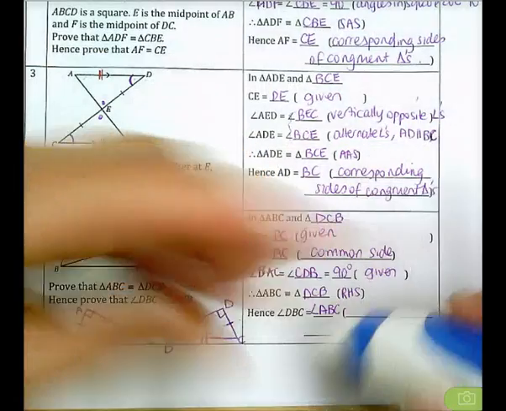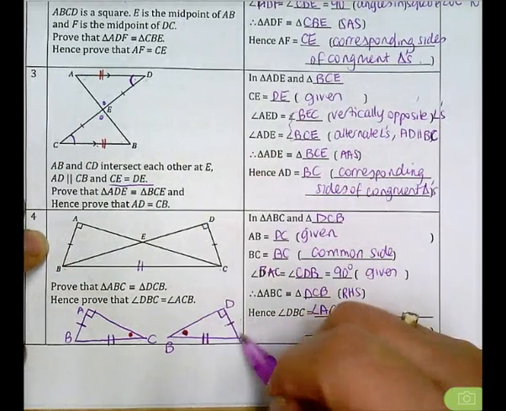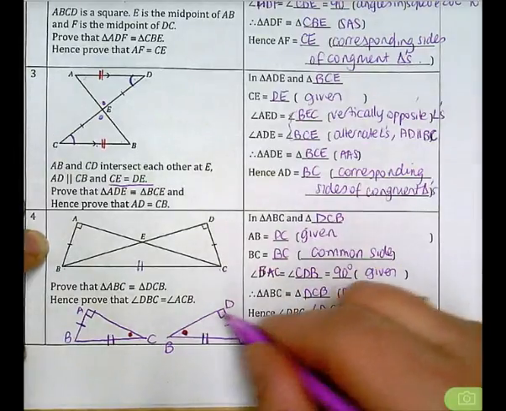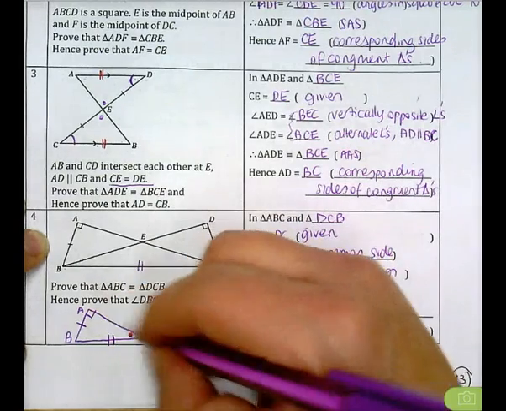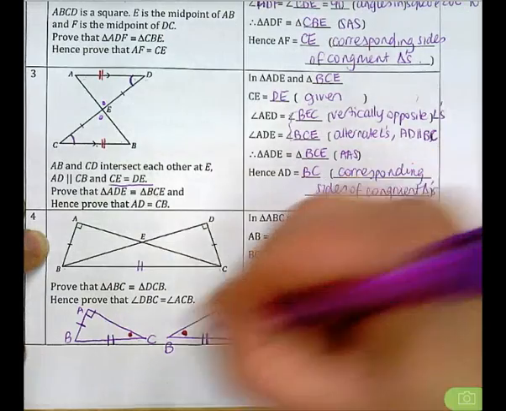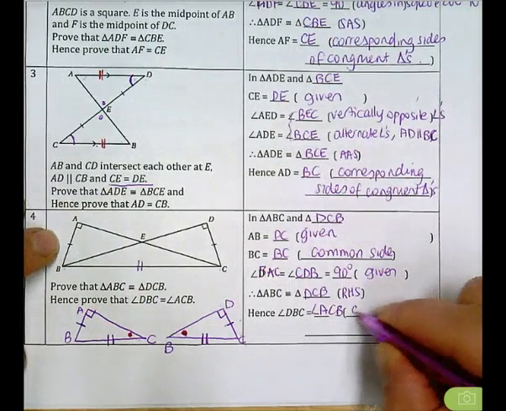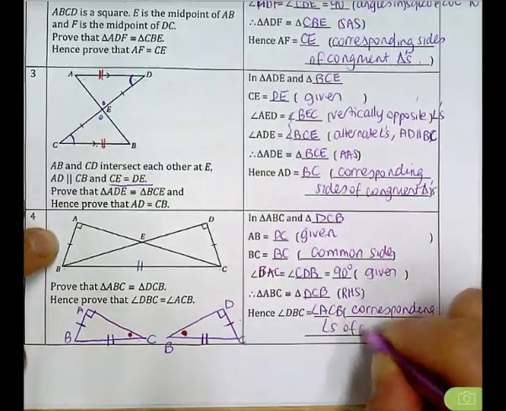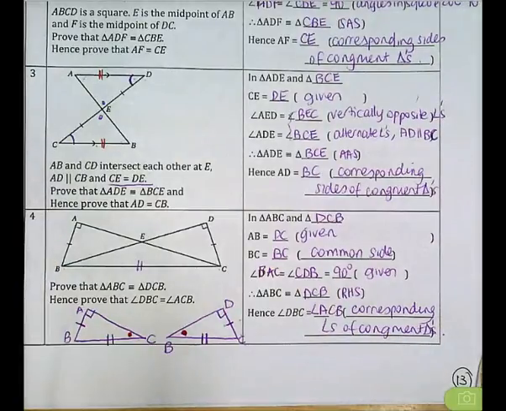Just checking: it's along the side with no markings rather than the double dash side, so yes, it does match up. So angle DBC is equal to angle ACB, and the reason is corresponding angles of congruent triangles.